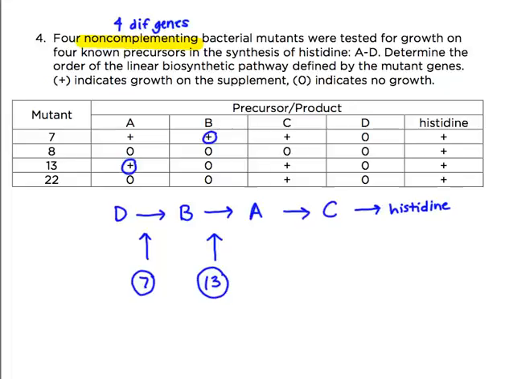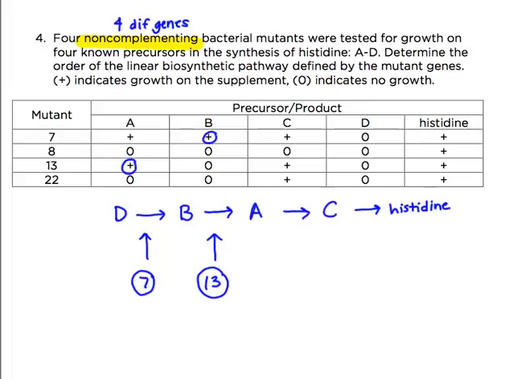Okay? And again, that's because if this mutant doesn't make gene product 13, then even if it's given D or B, it won't be able to grow. If it's given D, it can convert to B, but then it'll be stuck there again. But if it's given anything after its mutation, so A or C, it can complete this pathway.